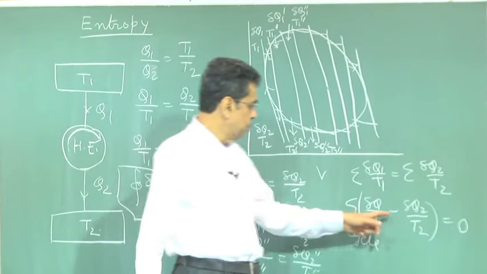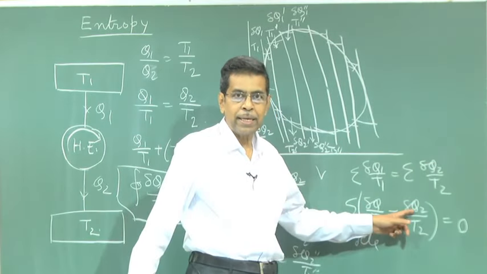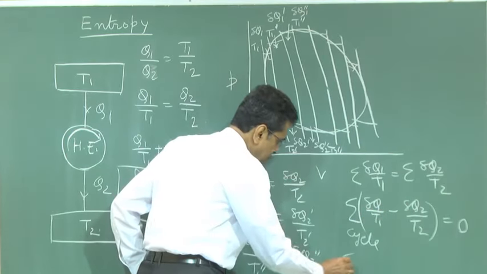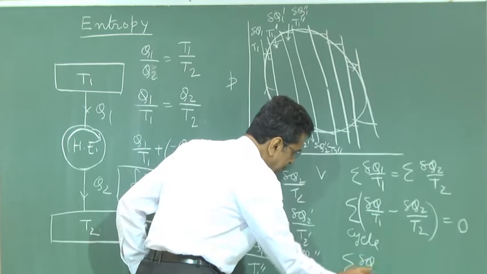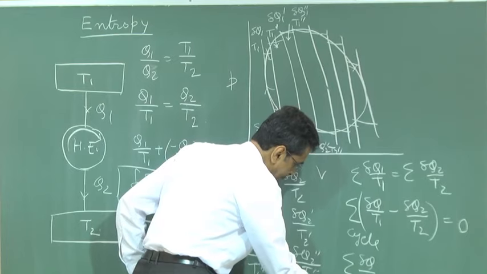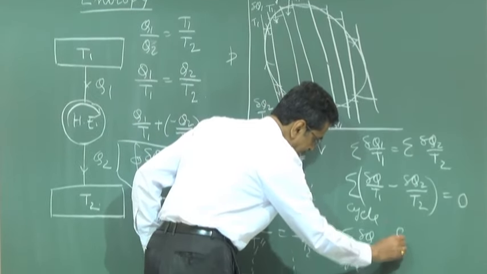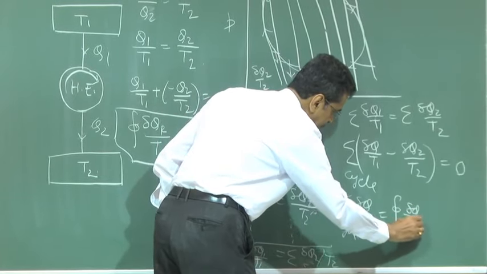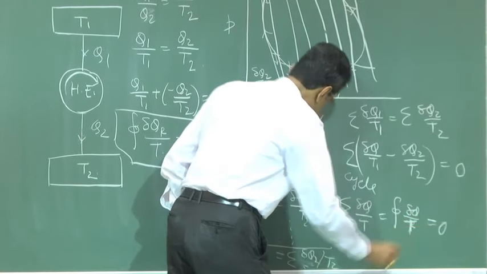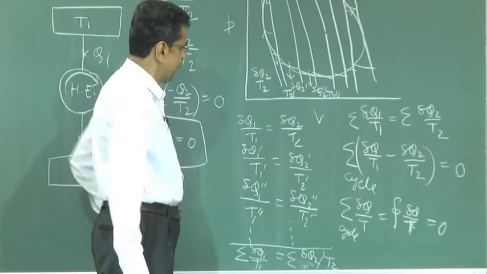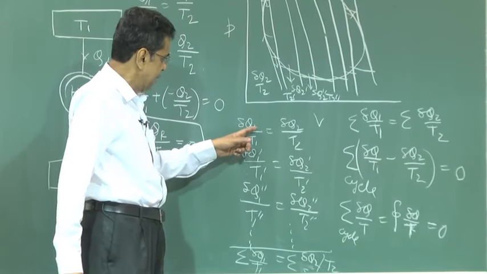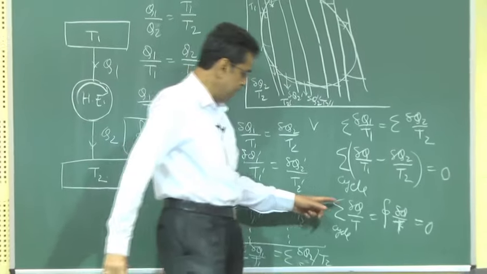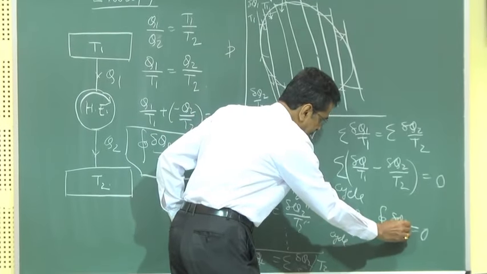Here minus is because of the heat rejection, that means it is the algebraic sum of delta Q by T over this cycle, which can be written as the cyclic integral of delta Q by T equals 0. And here all heat transfer is reversible. I am not writing the suffix reversible, actually in the final expression I write the reversible.